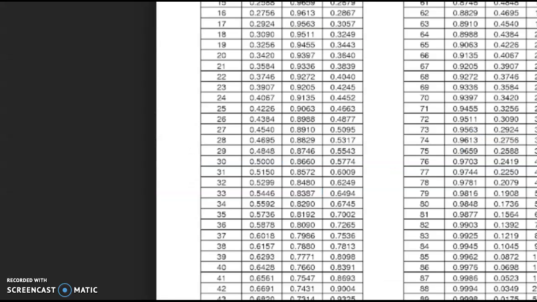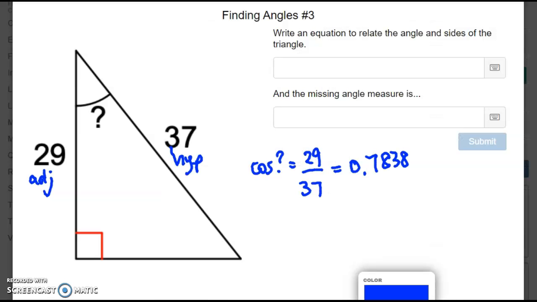Cosine is the middle one. 0.788 is here, so it's very close to 38 degrees. So 38 degrees would be my answer here. The missing angle measure is 38 degrees.